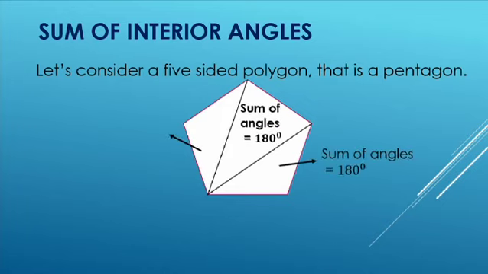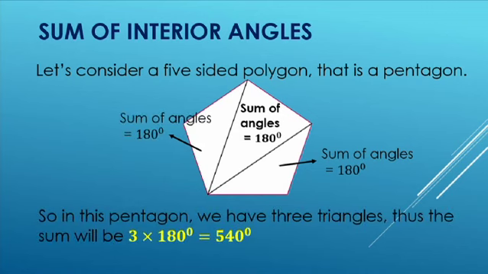So, you've got 3 of them. So that will be 3 times 180 degrees, which is 540 degrees. Right? So in this pentagon, the sum of interior angles will be 540 degrees.